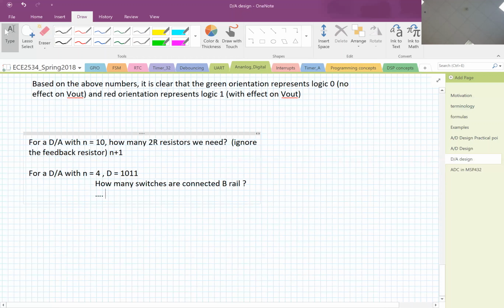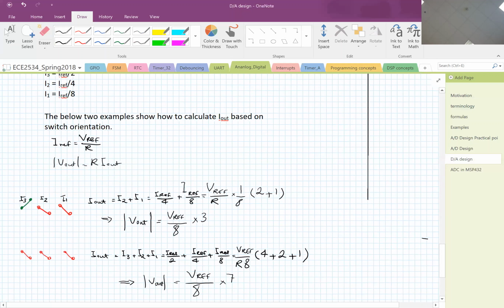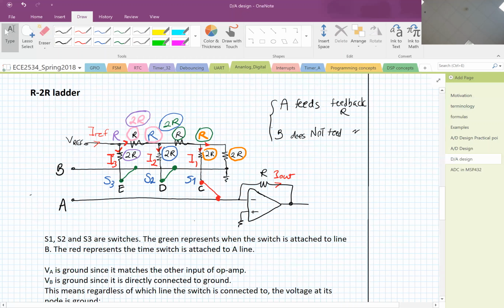So which one is what? For the 1 0 1 1, which one is the A rail? Is it the one that contributes or does not contribute? It contributes. I have 3 1s and 1 0. So how many of them are connected to A rail? 3. And how many of them are connected to B rail? 1.